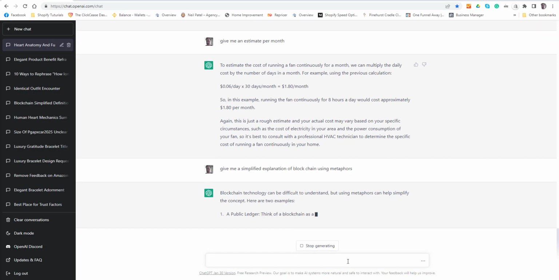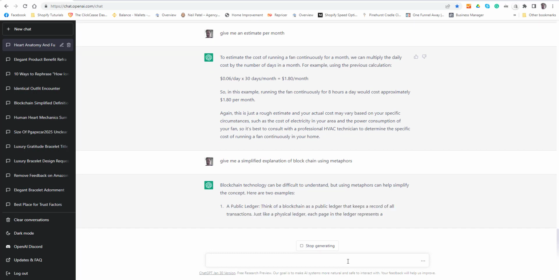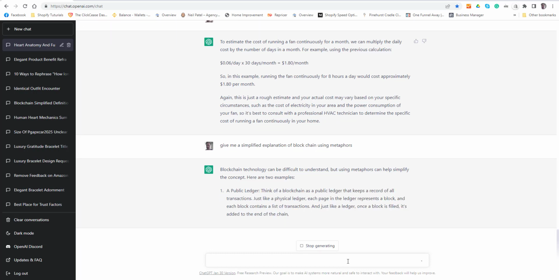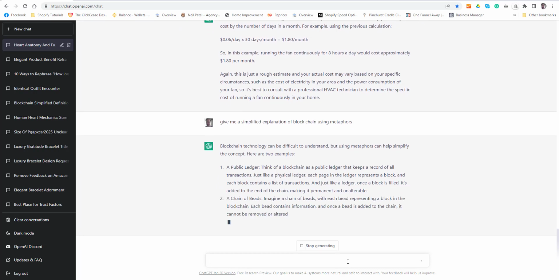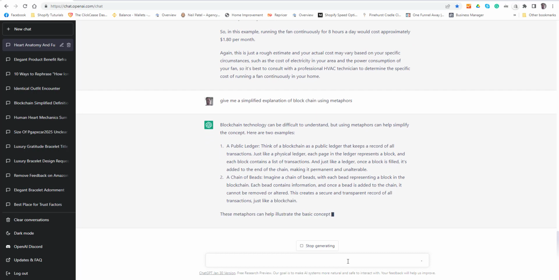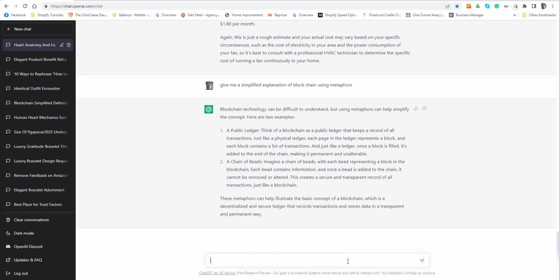So it goes into: blockchain technology can be difficult to understand, but using metaphors can help simplify the concept. Here are two examples. A public ledger. Think of blockchain as a public ledger that keeps all the records of transactions, just like a physical ledger. Each page of the ledger represents a block, and each block contains a list of transactions.